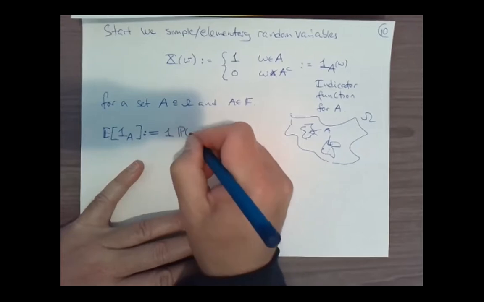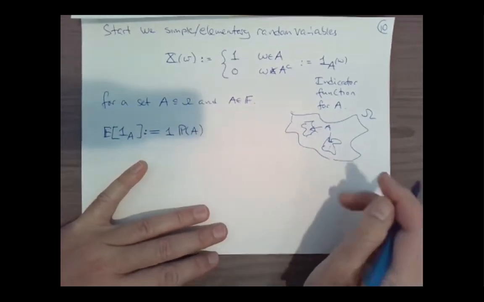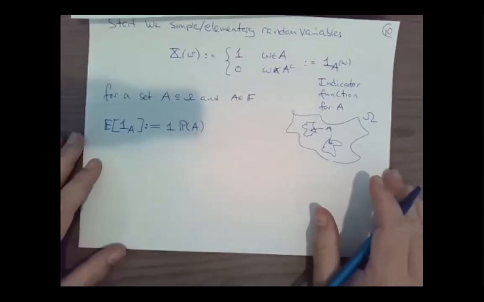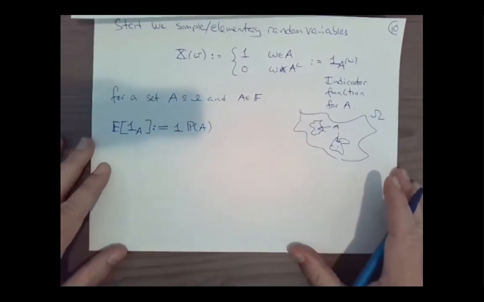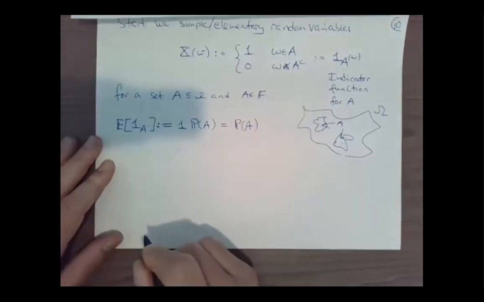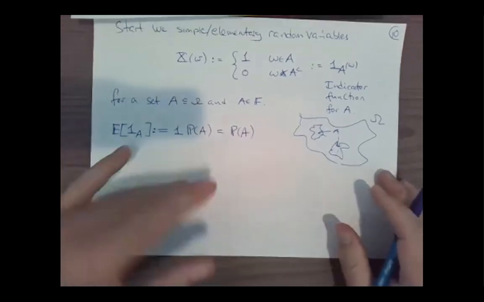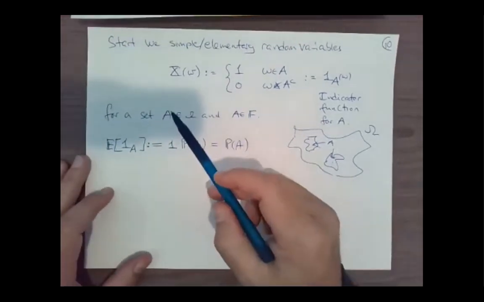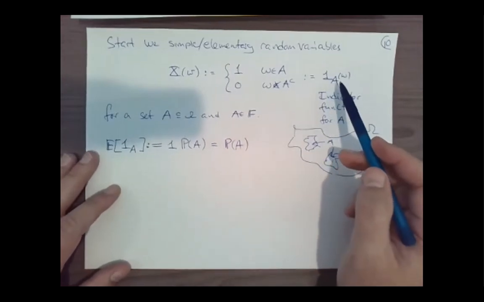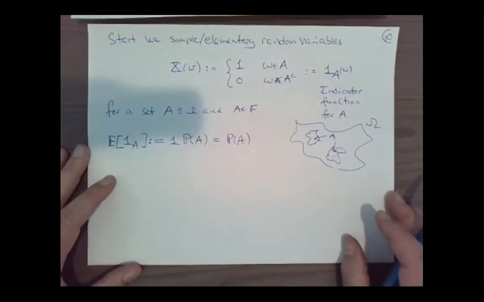So this is going to be times P of A. So we define the expectation of an indicator simply to be the probability of the set. That was step 1.